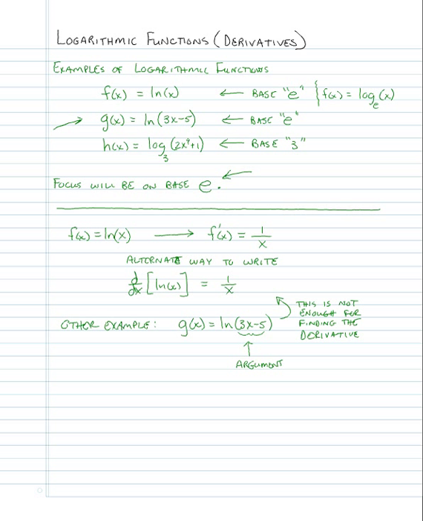Now, to deal with g of x, we've got to remember the chain rule. The chain rule is required to find the derivative of g of x, or just say to find g prime of x.